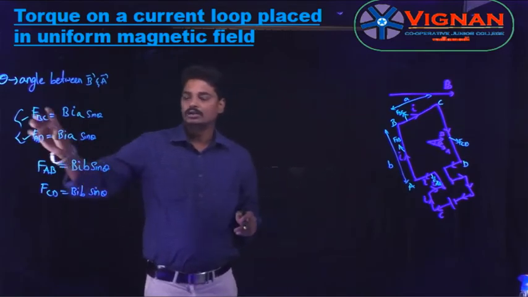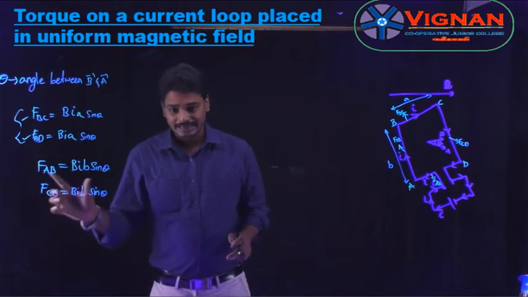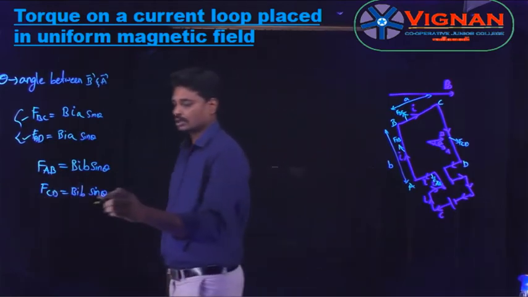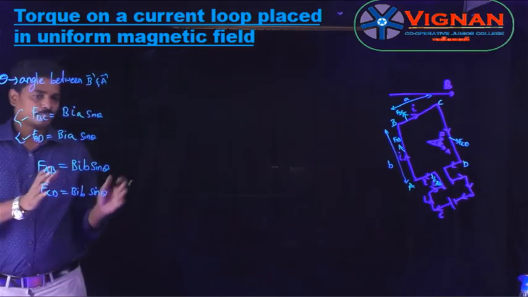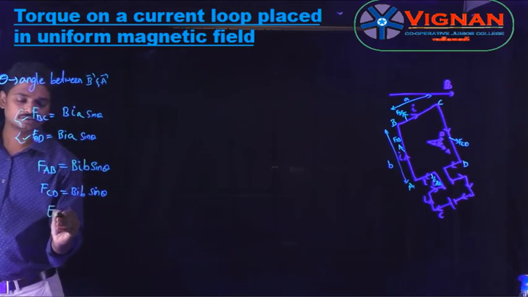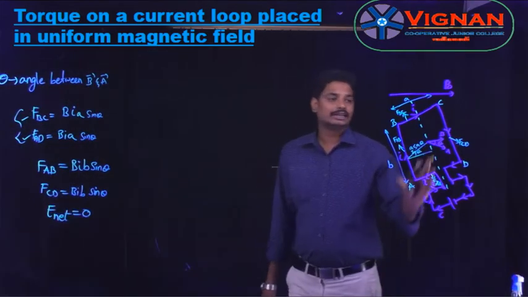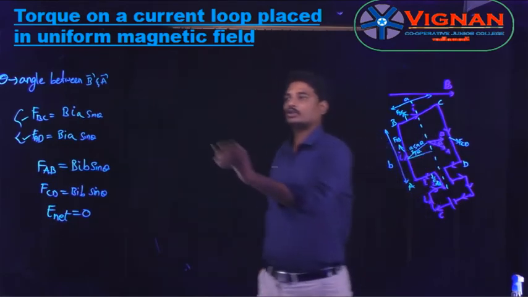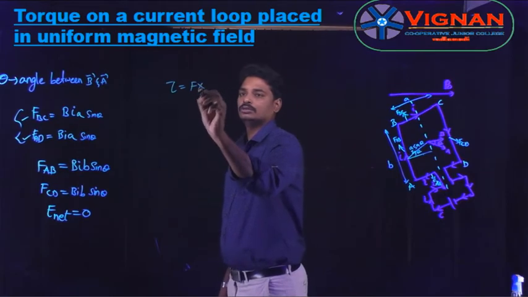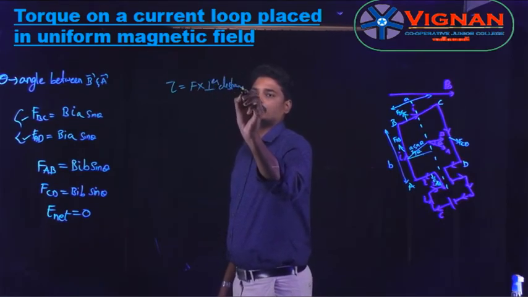So the net force is 0, but there is a torque acting on the body, as the forces have different lines of action. The net torque acting on this rectangular loop can be given by torque tau is equal to force into the perpendicular distance between the two forces.